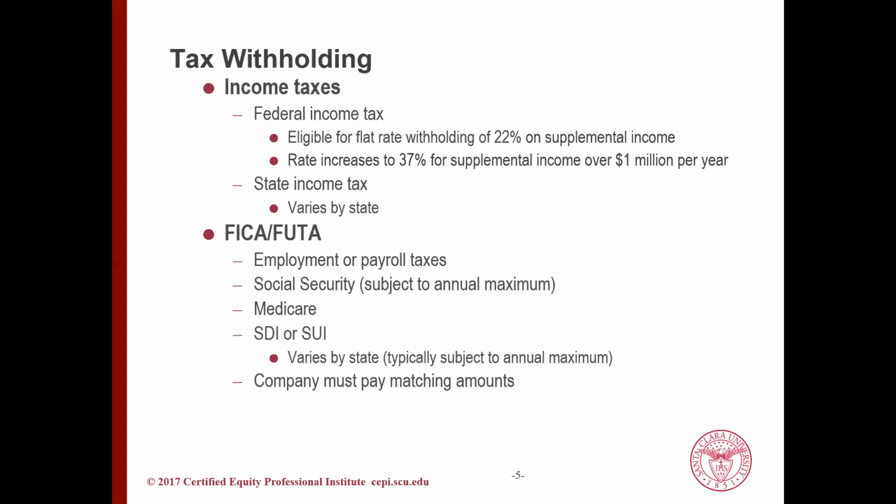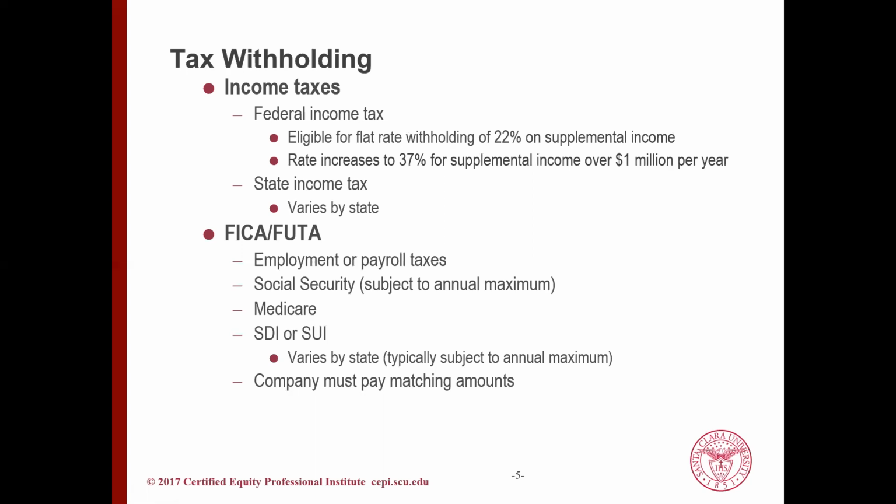Supplemental wages of $1 million or less per year are subject to a different rate than supplemental wages of greater than $1 million per year. The rate for up to $1 million is 22%, and the rate for the amounts of supplemental wages over $1 million is 37%.